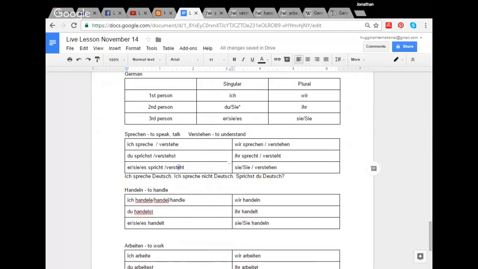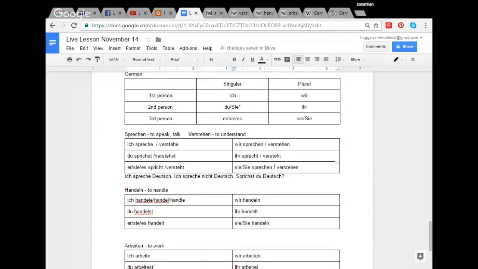For the we form: wir sprechen, wir verstehen, ihr sprecht, ihr versteht, sie sprechen, and sie verstehen.